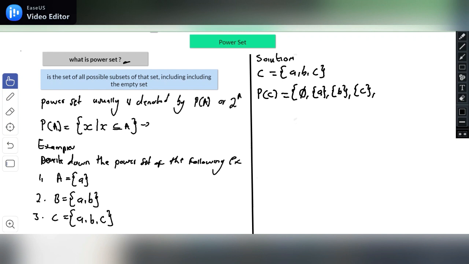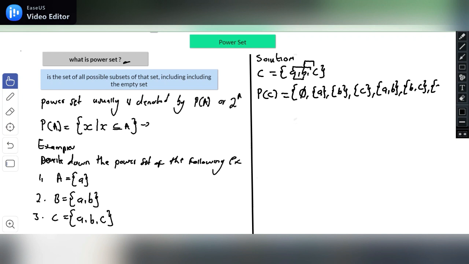And then, as we are done with A, B, and C, now we have to group the elements into groups of 2, right? We can start with {A, B}, then {B, C}, then {A, C}.